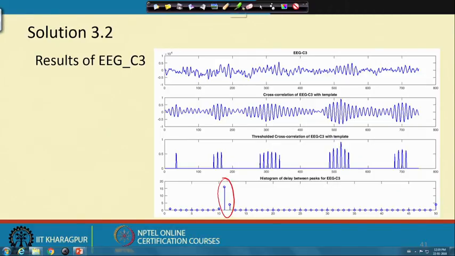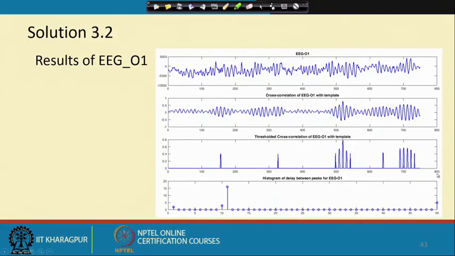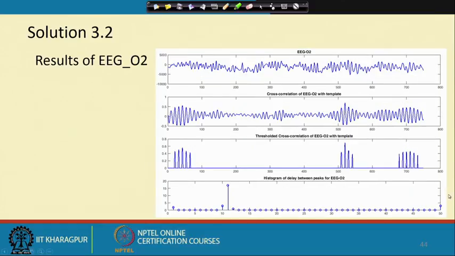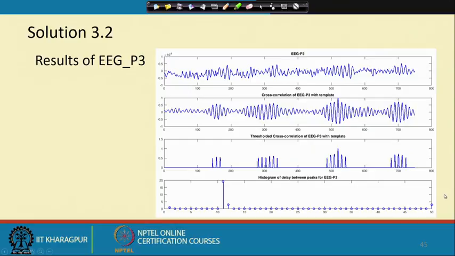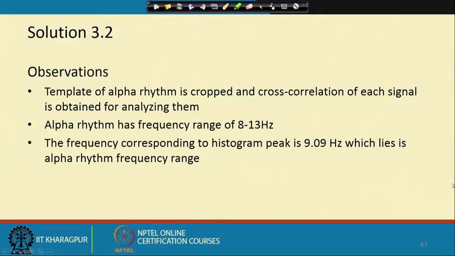This is EEG C3. Next we go for C4, same nature. Next O1, again we have the same nature, O2, P3, P4, all the cases we got very similar output.